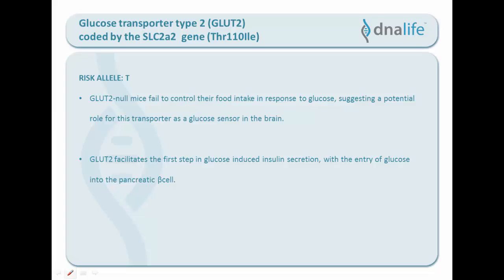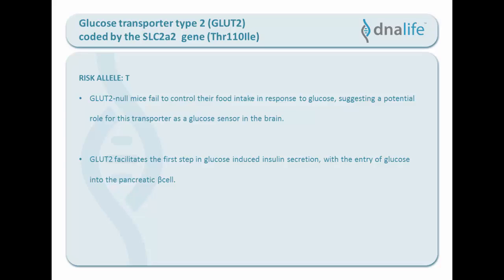So the GLUT2 null mice, and this is a study where they take a gene out of these little mice and then they see what happens to them. They can also be called knockout mice. So in GLUT2 null mice, these mice failed to control their food intake in response to glucose, thus suggesting a potential role for this transporter as a glucose sensor in the brain.